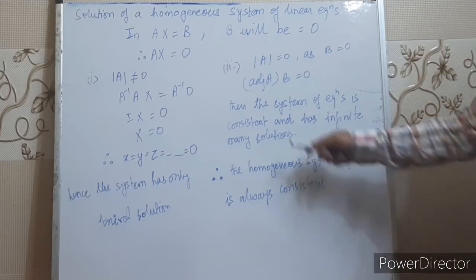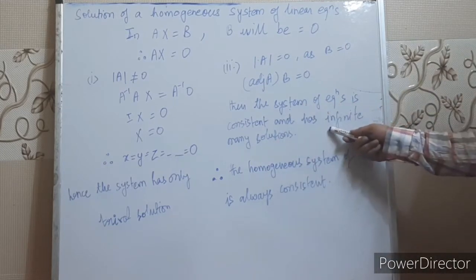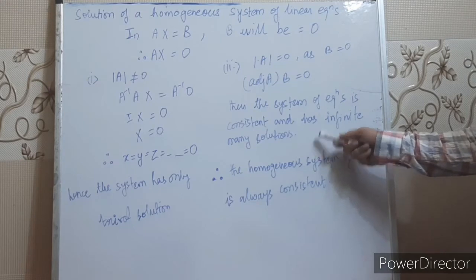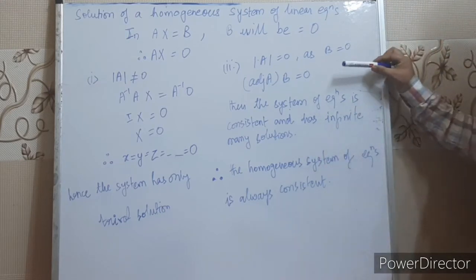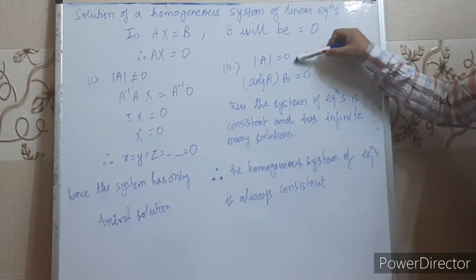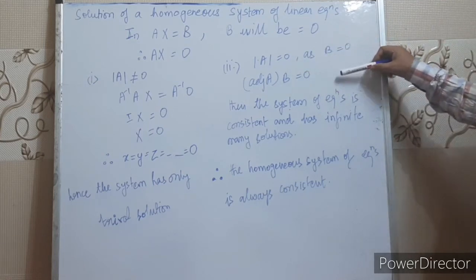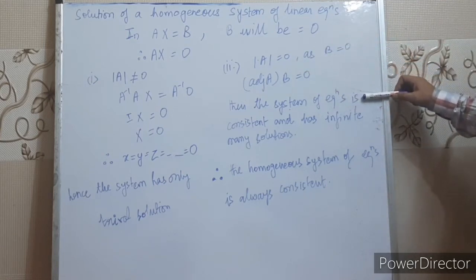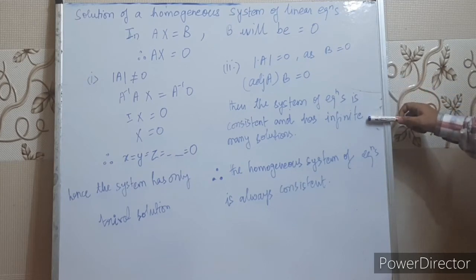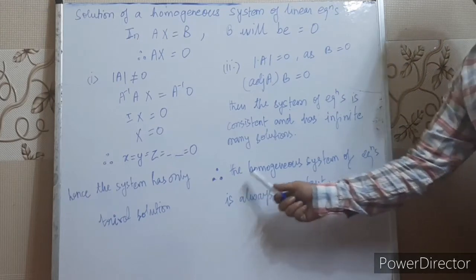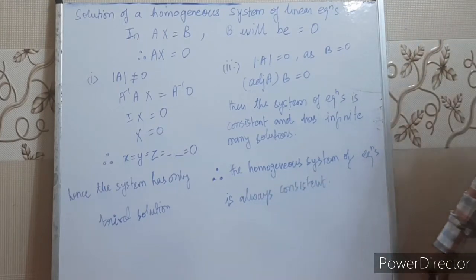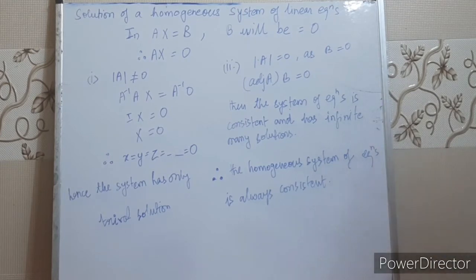Then we can say that the system of equations is consistent and has infinitely many solutions. This is the second condition we discussed, right children? When determinant A is 0 and adjoint A into B is 0, the system of equations is consistent and has infinitely many solutions. Therefore, we conclude that the homogeneous system of equations is always consistent. Right children? Please note down.